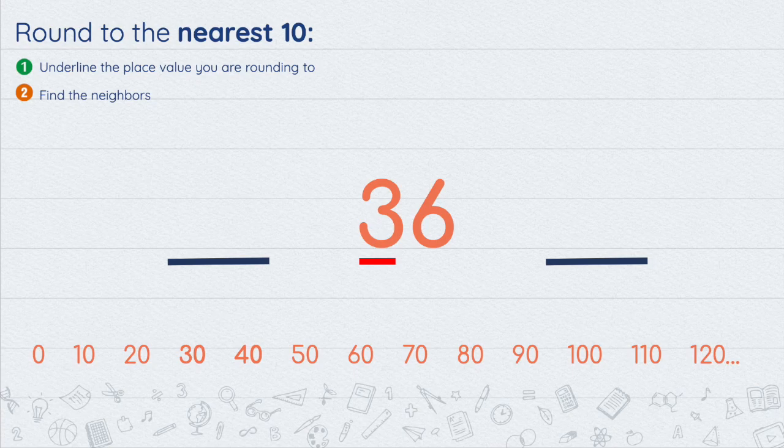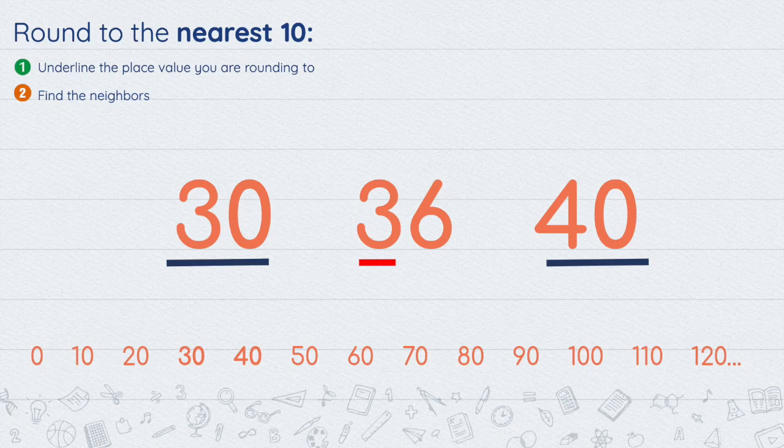So now that I have my number line, I can find the 10 that lives before 36 and the 10 that lives after 36. Here's how I do it. I usually put the number 36 in my head and I count forward until I find another 10. So I have 36 in my head, 37, 38, 39, 40. Wait a second, 40 is a 10.